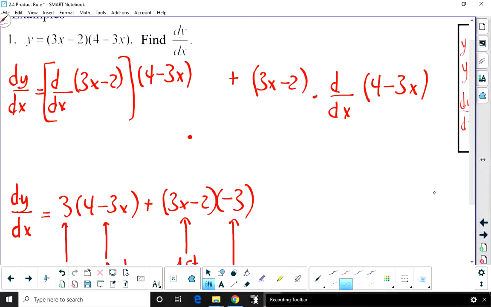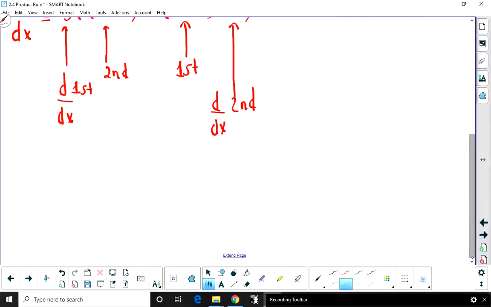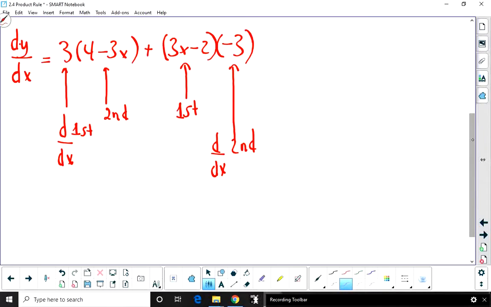So then what your instructor would say, what is the derivative of this? It's 3 times that plus this times what's the derivative of 4 minus 3x? Negative 3. And now you multiply this out. So if I multiply this out, what do I get? dy dx is equal to 12 minus 9x minus 9x plus 6.